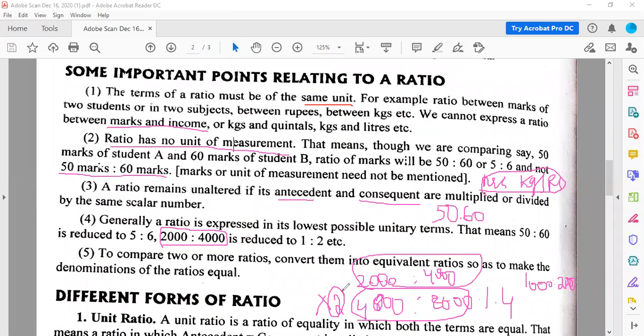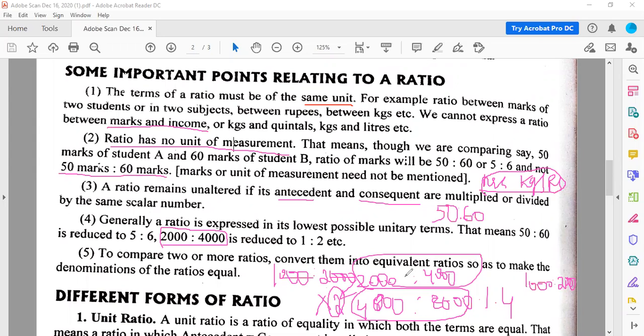A scalar number is one number. So you can multiply a ratio by a scalar number, it will still be the same. Now this 2000 is to 4000, if you simplify this, I can say 1000 is to 2000, which in simple terms says 1 is to 2 ratio.